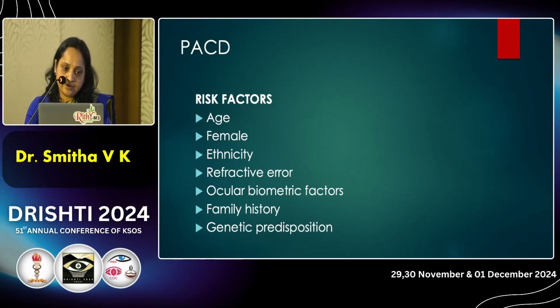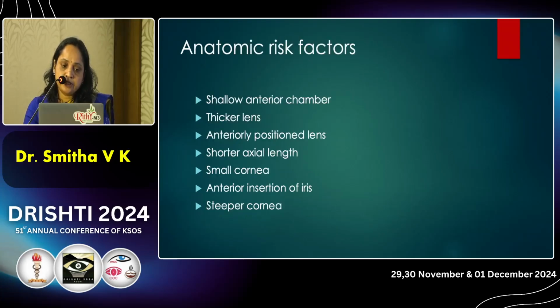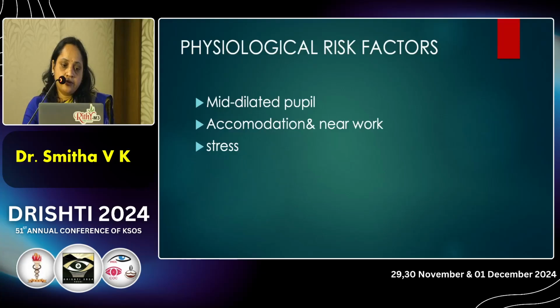The ocular biometric factors include shallow anterior chamber, thicker lens, anteriorly positioned lens, shorter axial length, small cornea, anterior insertion of the iris, and steeper cornea. If the pupil is mid-dilated, especially in twilight or in theaters, there is increased risk for angle closure.